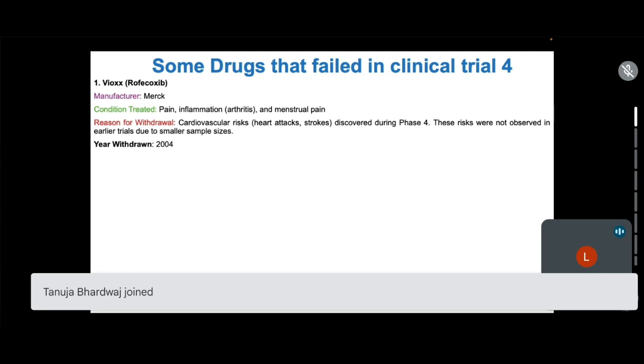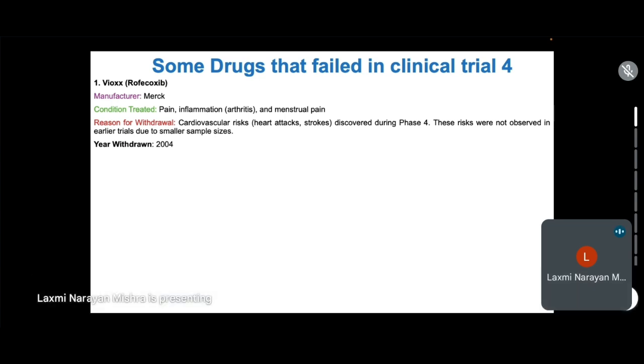And the reason for withdrawal was cardiovascular risk. They were causing heart attacks, strokes, and this was discovered during phase 4. And these risks were not observed in earlier trials due to a smaller sample size. And in 2004, the FDA told them to just withdraw this from the market.